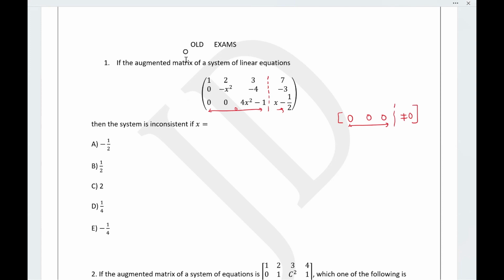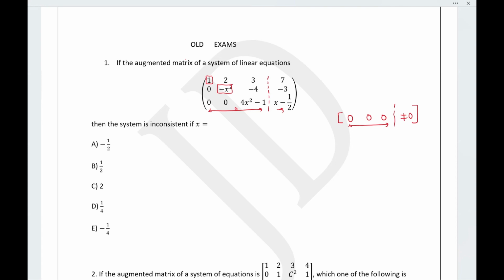But first of all, you have to look at your matrix. Can you transform it to an echelon form or is it already in an echelon form? You see here is already 1. This is 0. So in the real sense, we have to make this to be 1. But it's not a problem. We can easily make it 1, but we don't know what x is.